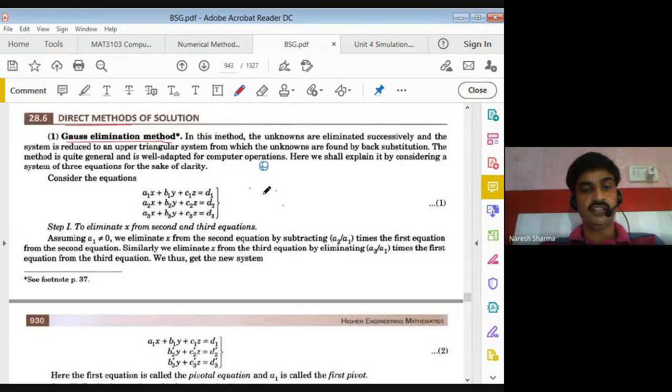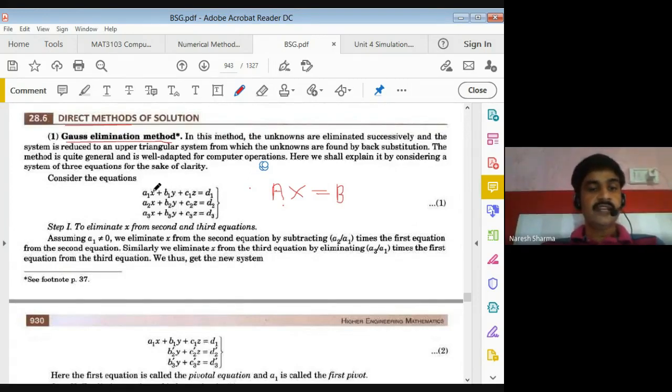We may represent this system of equations in the form of matrices also. You know that AX is equal to B. So in this system of equations, we are interested to find out the values of the unknowns.